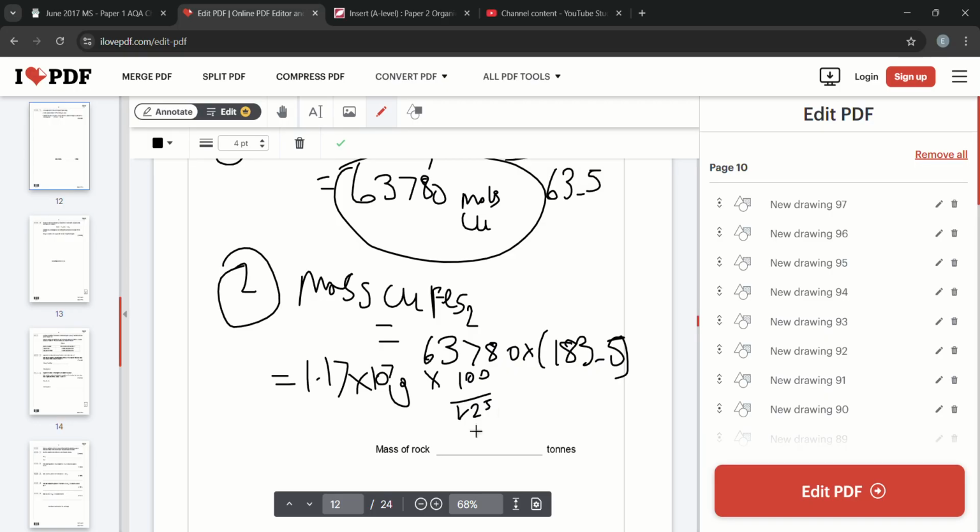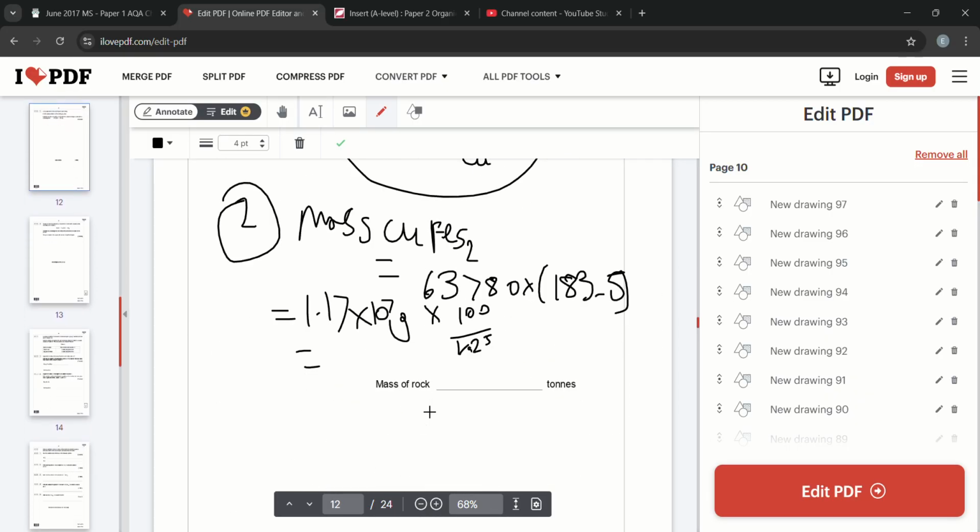So 1.17 times 10 to the power 7 times 100 divided by 1.25 gives me 936 million grams.